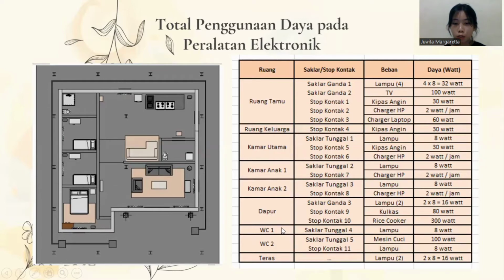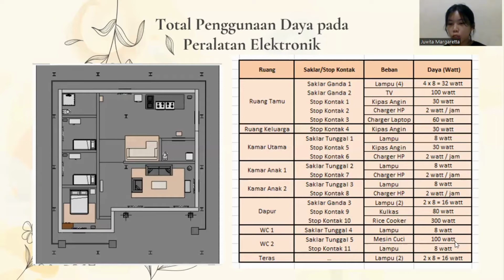And for the first toilet, I only use 1 electric socket. There is 1 light that uses 8 watts. And for the second toilet, I use 1 single switch and 1 electric socket. There is 1 washing machine and 1 light.